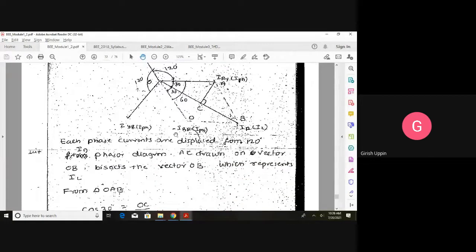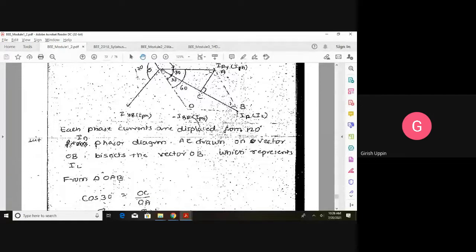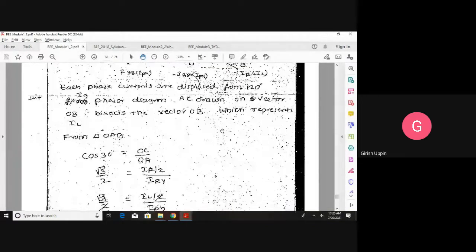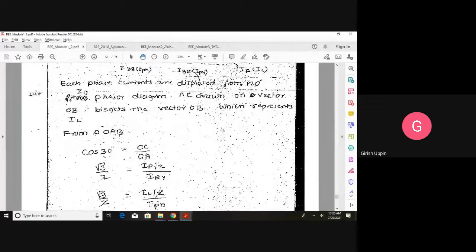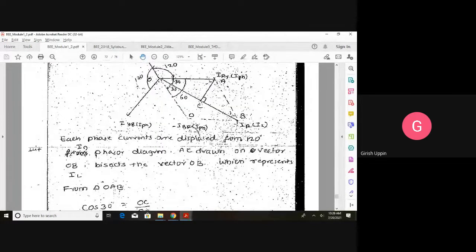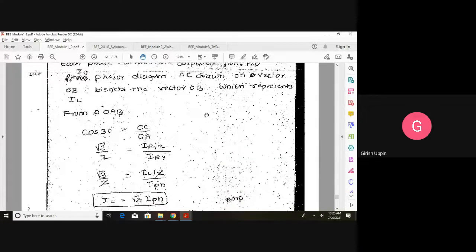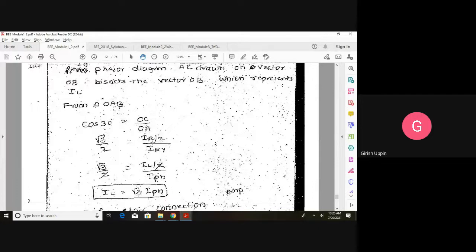And if I take the cos of 30 again, now here OC is equal to CB is equal to IL by 2 and OA is equal to IRY is equal to I phase. Again, cos 30 is equal to OC upon OA. Okay, cos 30 is what? OC upon OA. OC is what? IR by 2 or IL by 2.